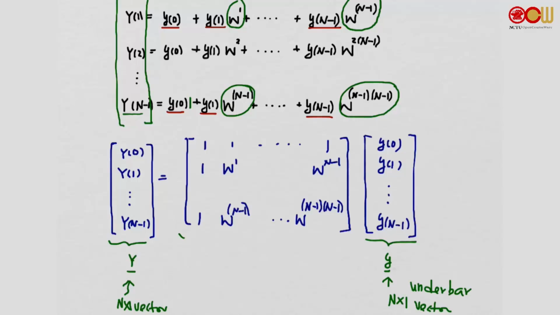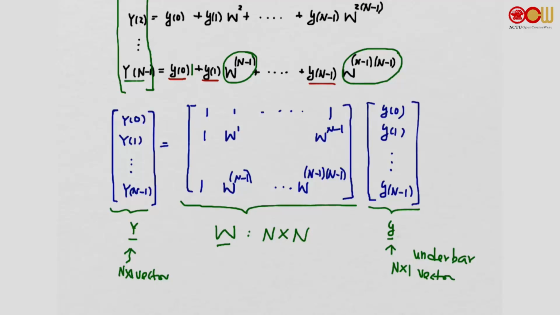And this thing in between is a matrix, and we will call this matrix W matrix, with an underbar, which is different from the scalar W. This matrix has dimension n by n, and it has a name. It's called the DFT matrix. Why is it called the DFT matrix?